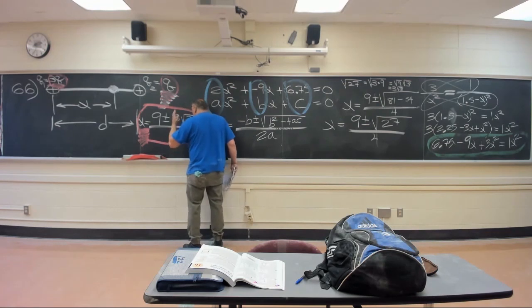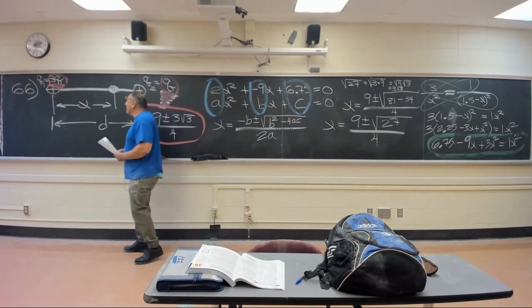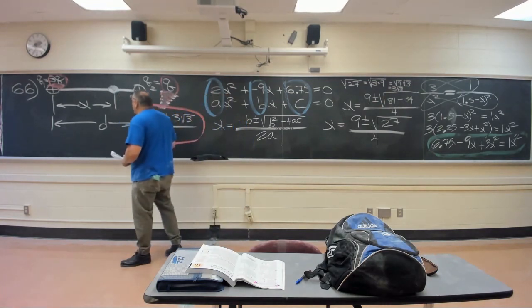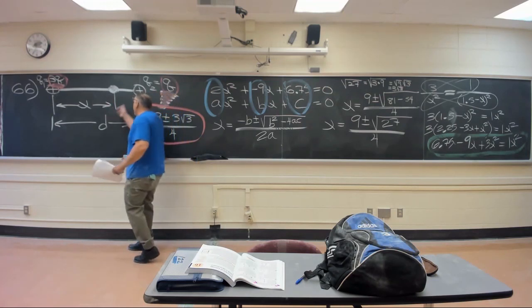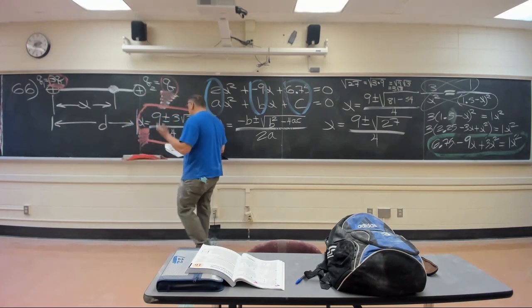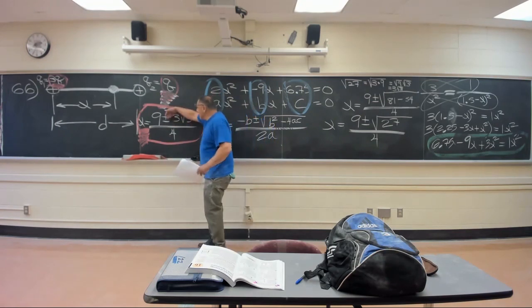Let's say about 5. 9 plus 5 is 14. 14 divided by 4 is more than 3. Yeah, that's all well and good, but there's about no way that's going to happen. I mean, this whole thing is 1.5, so the 3.5, it comes out 3.549. That doesn't happen.